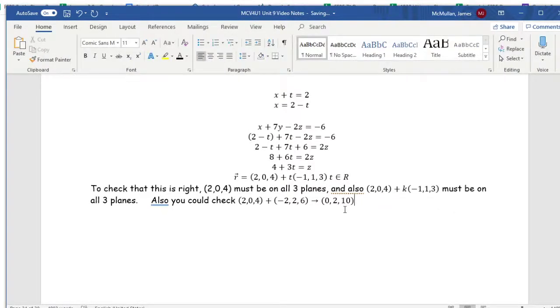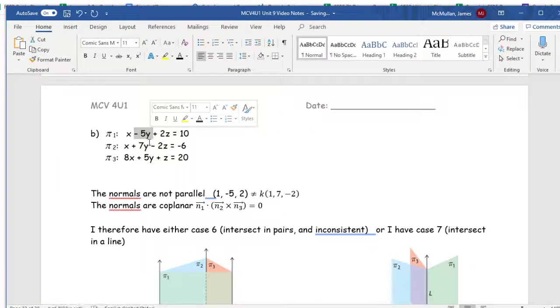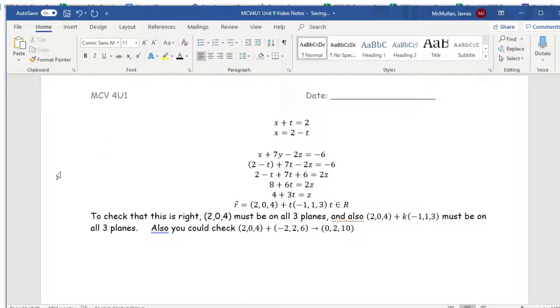So 0, 2, 10 should also be on all three of them, right? So if y is 2, then you have negative 10 plus 20 is 10. That's good. If y is 2, you have 14. Take away 20 is negative 6. That's good. If y is 2, you have 10 plus 10 is 20. That's good. So I know I've got this right. They intersect in a line, and I have found the correct line.